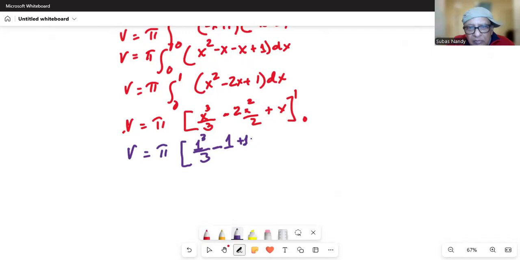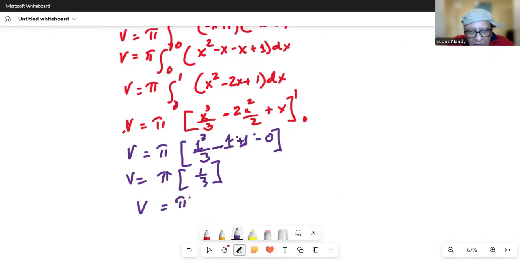And when we put the lower limit 0, everything is 0 for x. So this is volume equal to pi times 1/3, because the minus 1 and plus 1 cancel. This one will cancel with this one. So the final answer is volume is pi by 3.